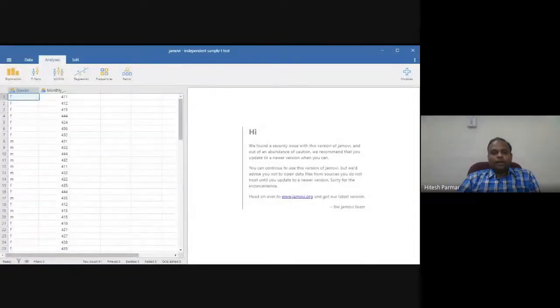Just open the file independent sample t-test.